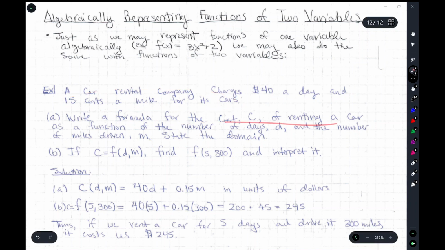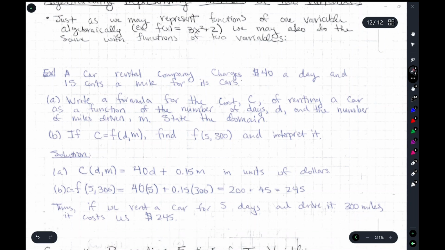We want to write the formula for the cost of renting this car as a function of the number of days d and the number of miles m. To do that, well, it's 40 per day, so it's 40 times the number of days, and 15 cents a mile, so 0.15 times m.